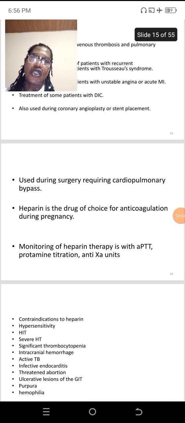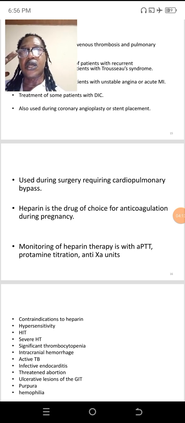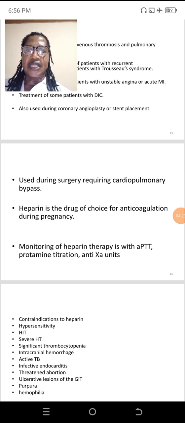Then we should also note that heparin is the drug of choice for anticoagulation during pregnancy. It's important that we remember this. And monitoring of heparin therapy is with the activated partial thromboplastin time, protamine titration, or anti-factor 10A units.